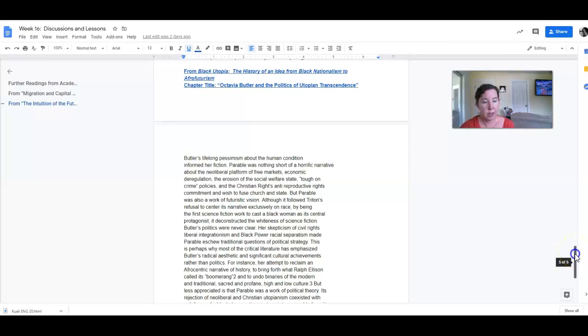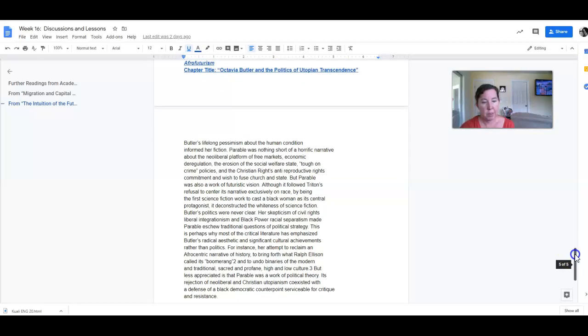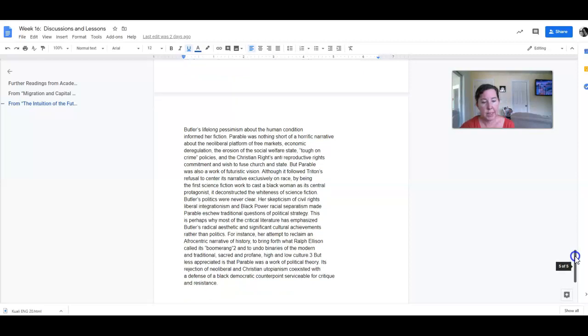This chapter is a little bit long, but it brings up some interesting points about Lauren's attempt to reclaim an Afrocentric narrative of history, or I should say maybe Butler's through Lauren, bringing forth what Ralph Ellison called the boomerang, and to undo binaries of the modern and traditional, sacred and profane, high and low cultures.